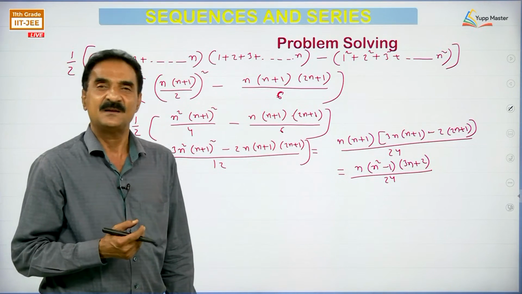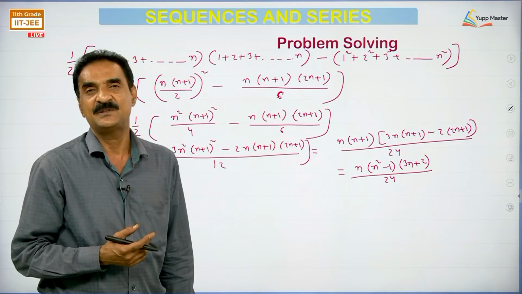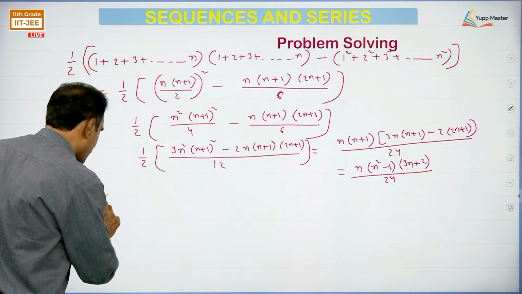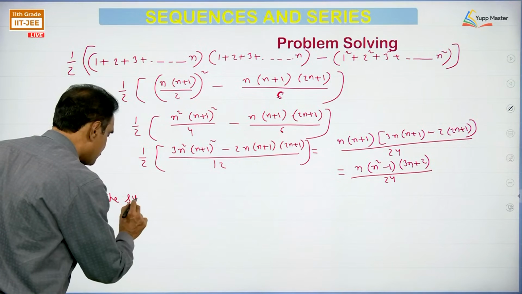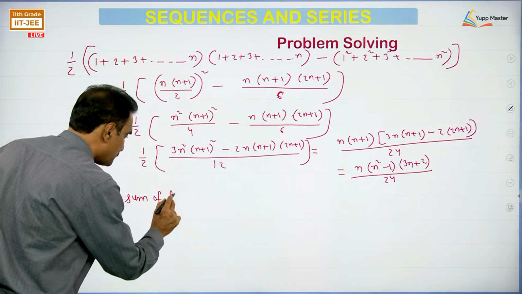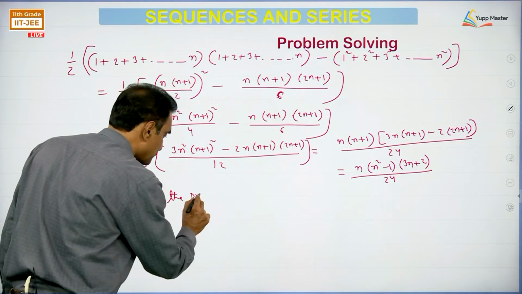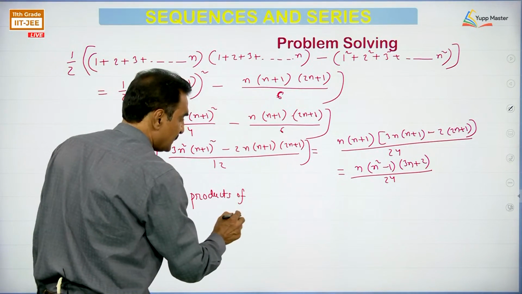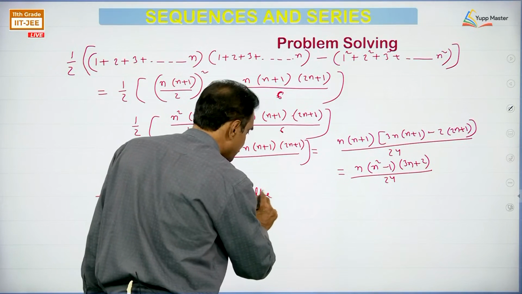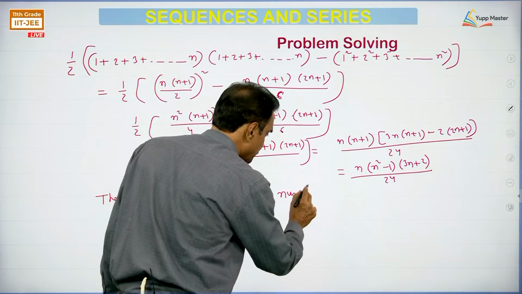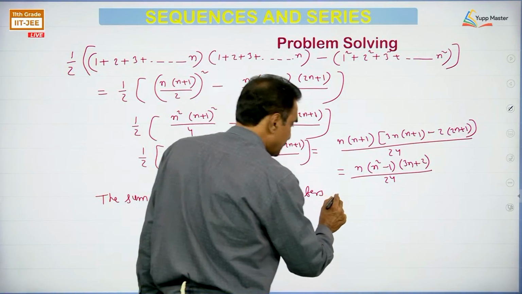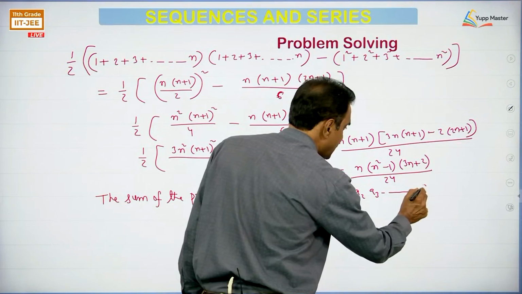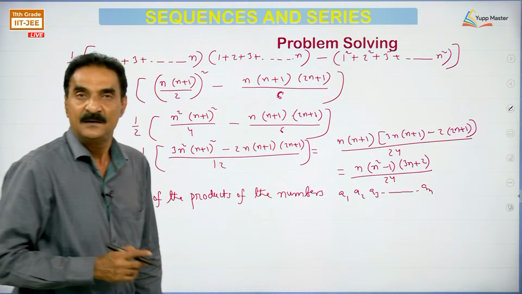If the numbers are some general numbers a1, a2, a3 and so on, an, then the sum of the products of the numbers a1, a2, a3 and so on, an, taken two at a time.